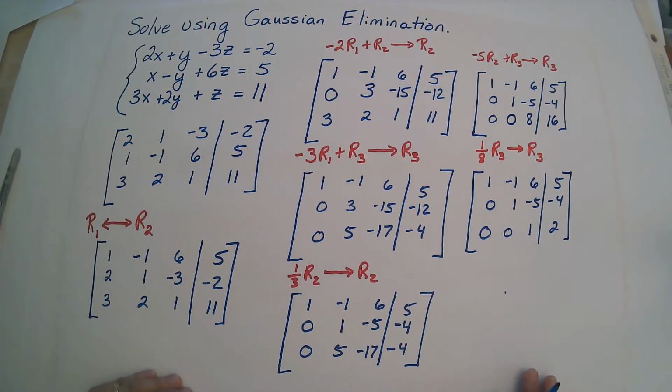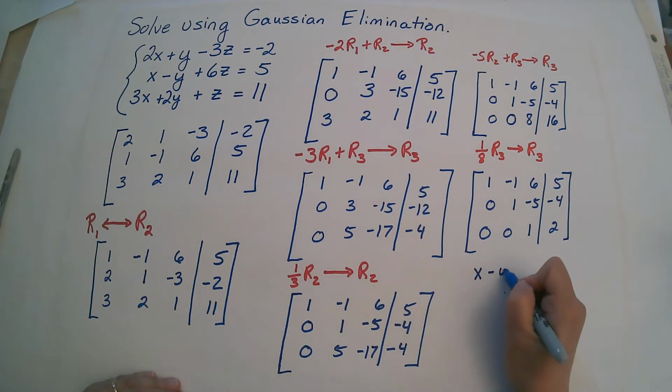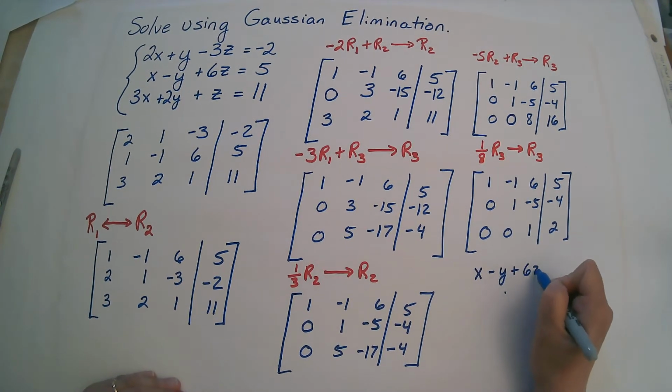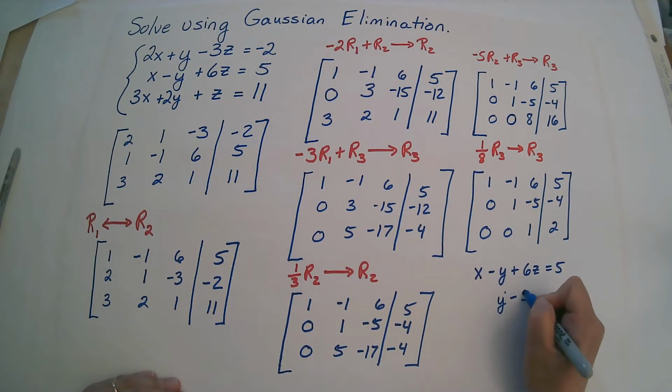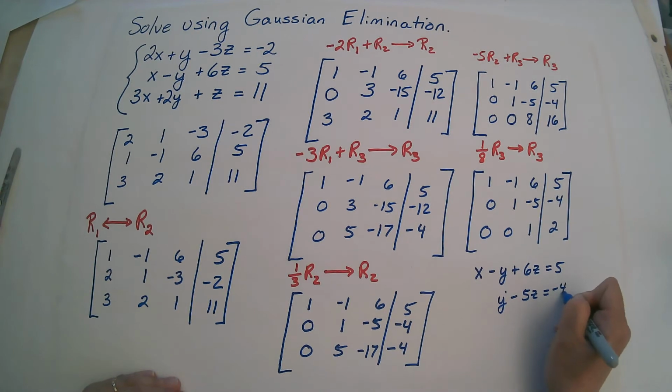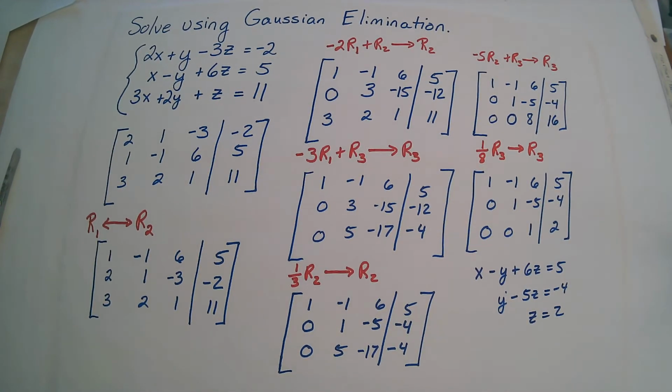Once we get here, we know it's a matter of back substitution to find our solutions. We have x minus y plus 6z equals 5. We have y minus 5z equals -4. We have z equals 2. And this is the system that we solved a few minutes ago.